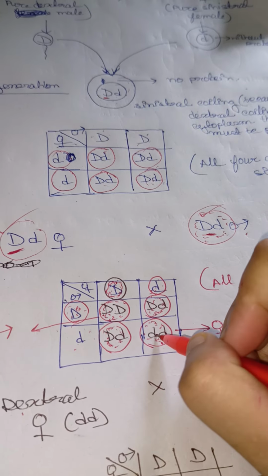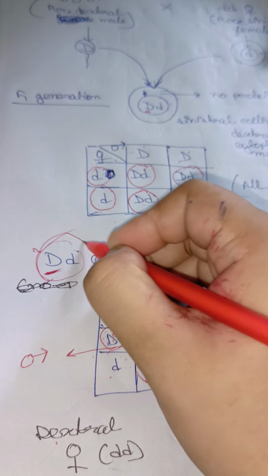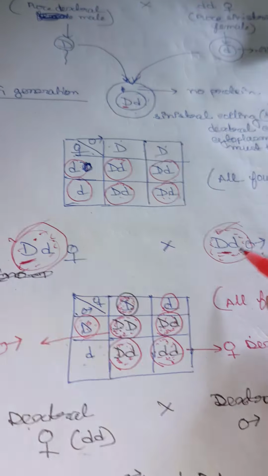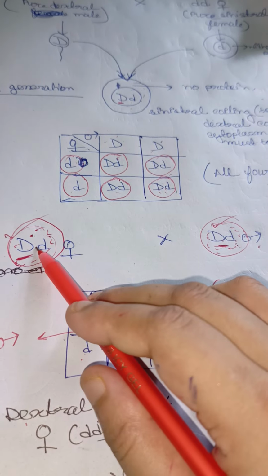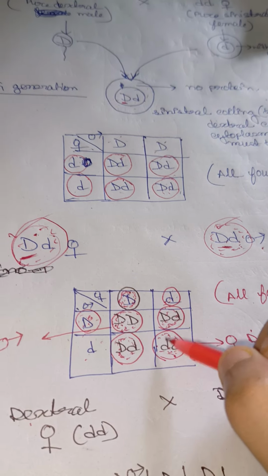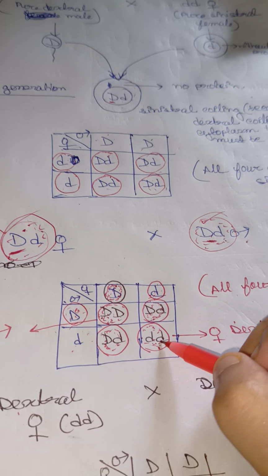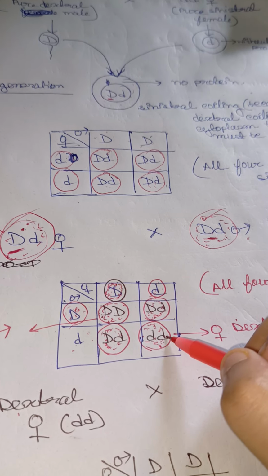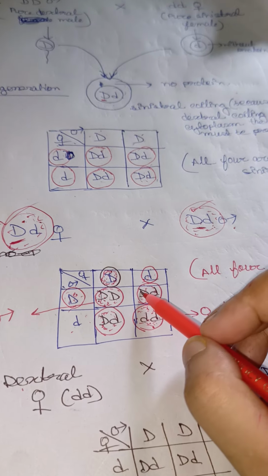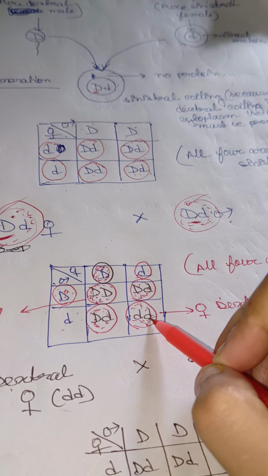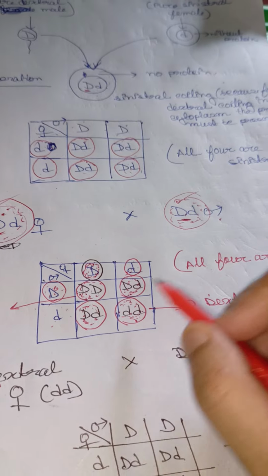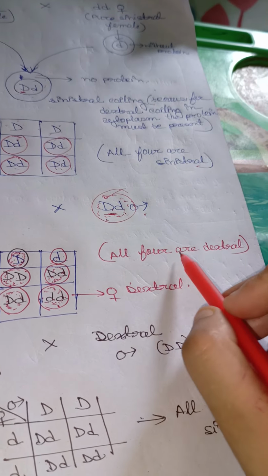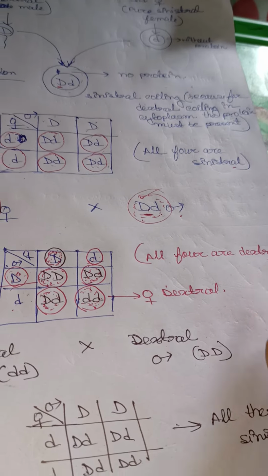That protein will also come here. So when both have protein in their cytoplasm, all 4 have protein in their cytoplasm, and for that reason all 4 will be dextral. All 4 are dextral. Clear?